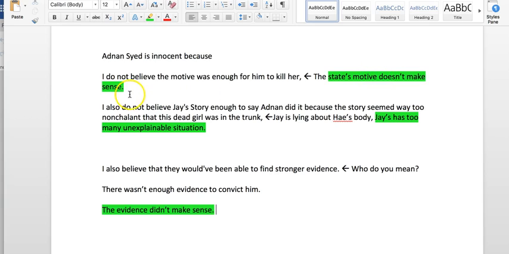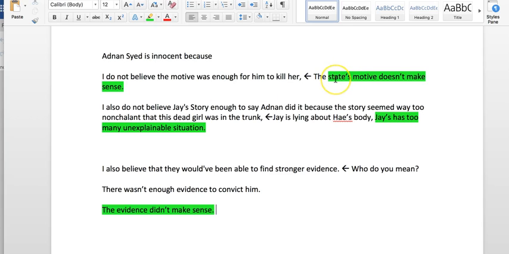The state's motive doesn't make sense. So the state's motive is that Adnan killed Hae because of being slighted, and it was a religious thing, and it was like his pride was wounded, and so he decided to kill her, right? So that's what the state is saying is the motive for this.